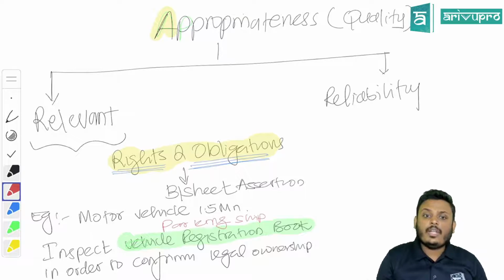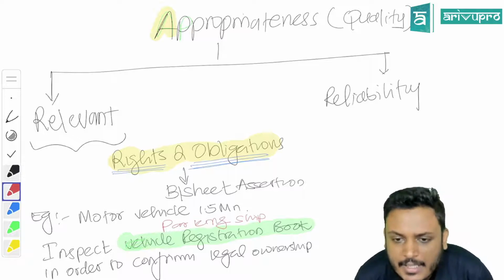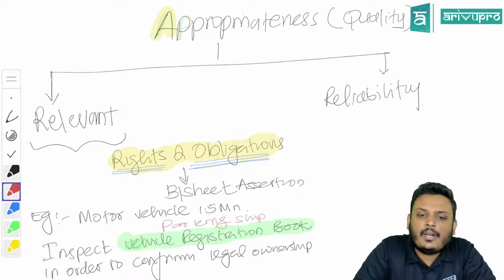But if you take this particular procedure, the vehicle registration book, that evidence is logically connected with the rights and obligations. On the other hand, the parking slip is not logically connected with the rights and obligations.